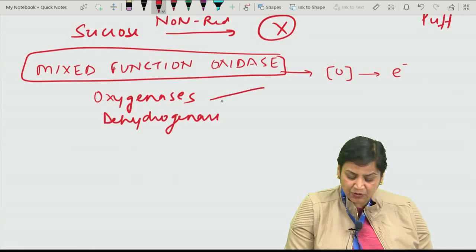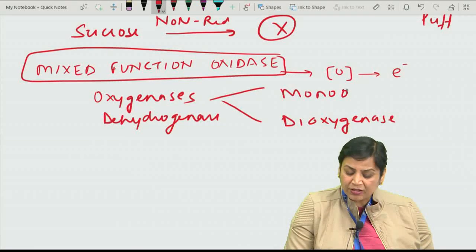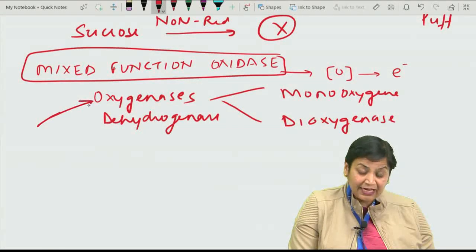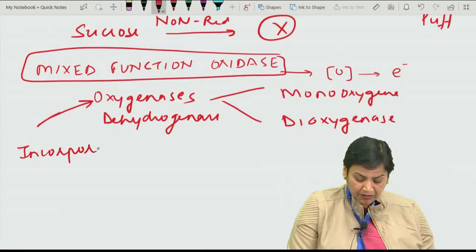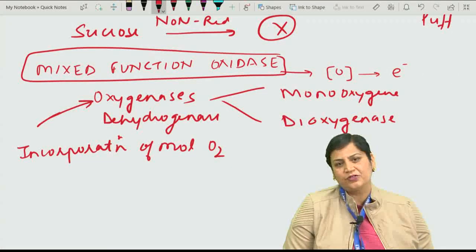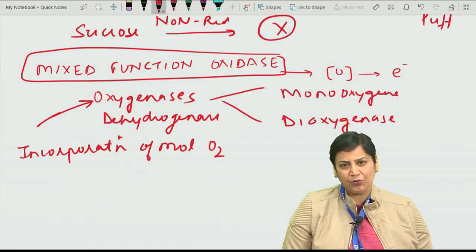Oxygenases can be monooxygenase, or dioxygenase. Oxygenases means there is incorporation of molecular oxygen, so that the substrate is oxidized. Finally, it is going to form carbon dioxide and water.